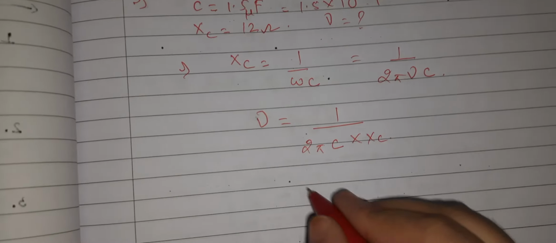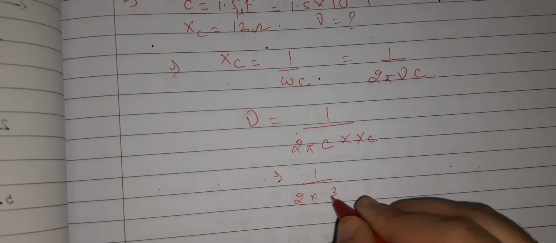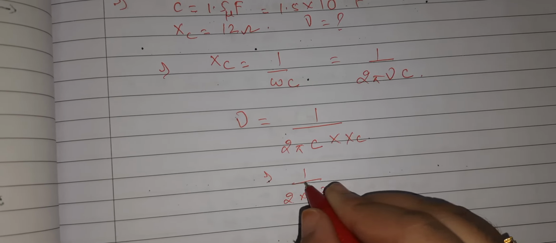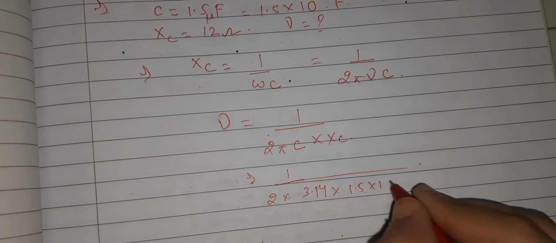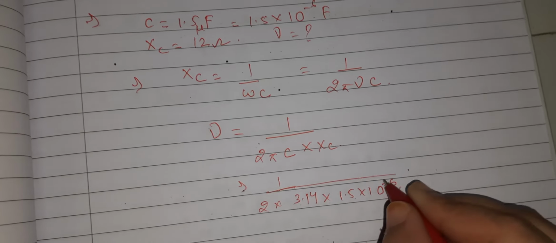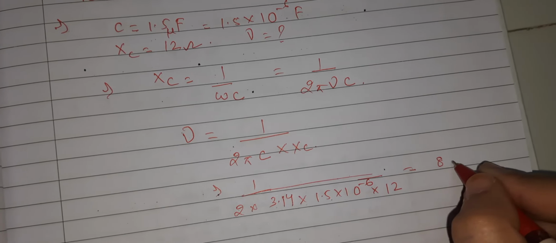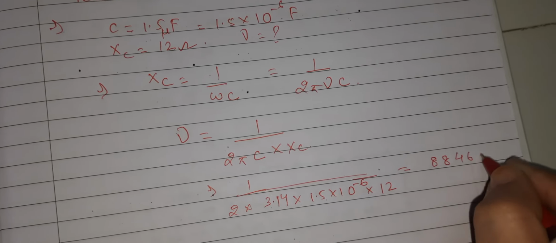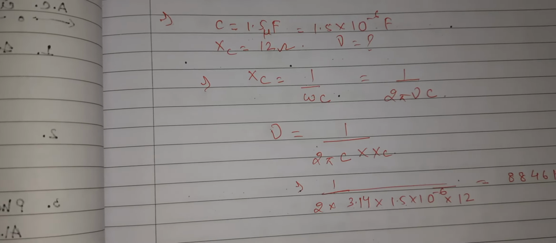After putting the values, we get 1 upon 2 into 3.14 into 1.5 into 10 raised to power minus 6 farad, multiplied by Xc, that is 12 ohm. After solving, it becomes 8846 hertz. So this is the frequency of the source.